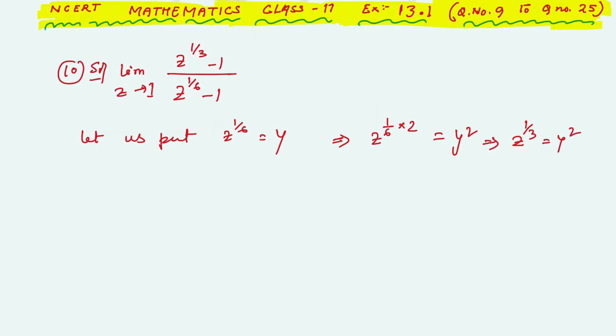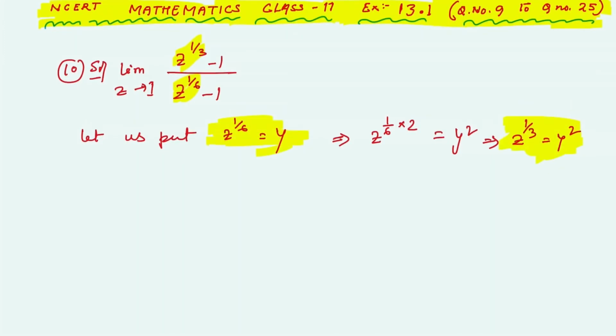So we have to replace z to the power 1 by 3 by y square and z to the power 1 by 6 by y. Now let's replace. Now here we will get limit of (y square minus 1) by (y minus 1), and here we have to write y tends to 1.